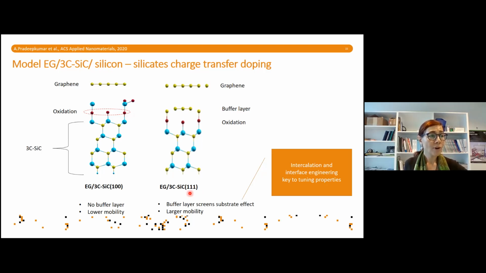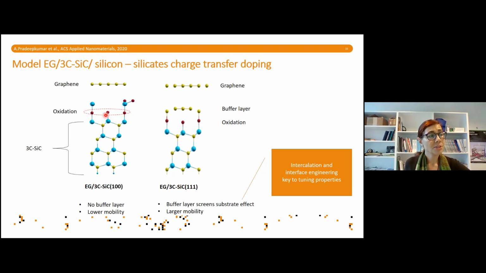And in the 111, from our surface measurements, we also found that we do have a buffer layer. So this surface is pretty much corresponding to the 0001 surface of the bulk silicon carbide. We do have a buffer as well, but we do have the oxidation.